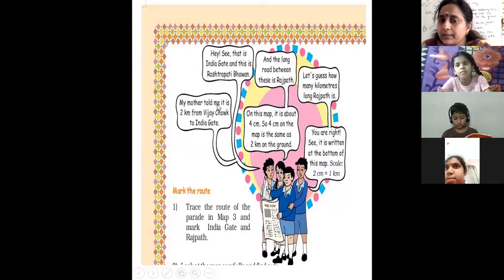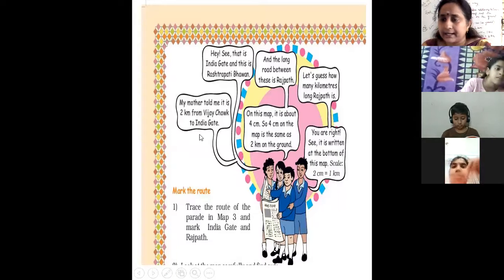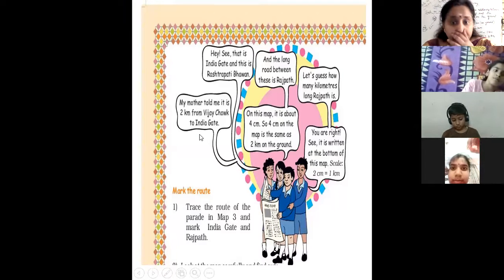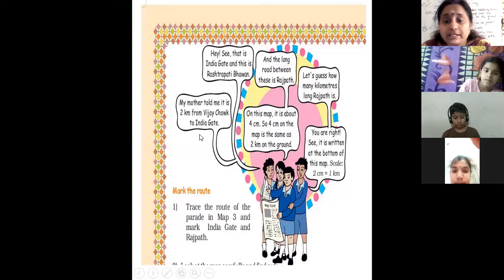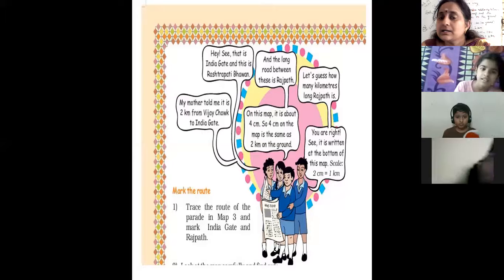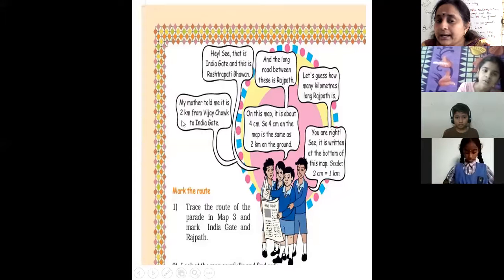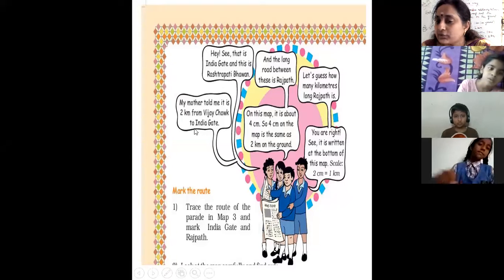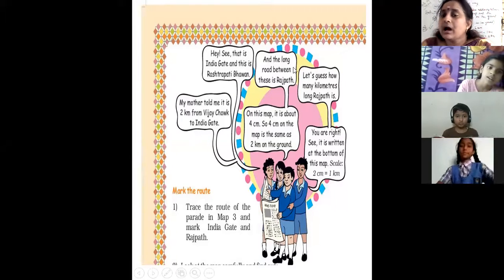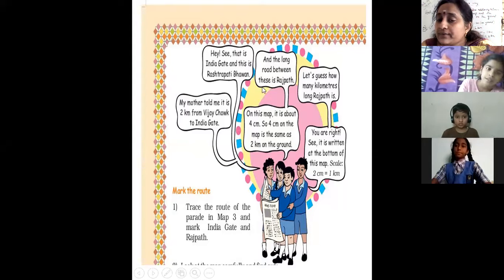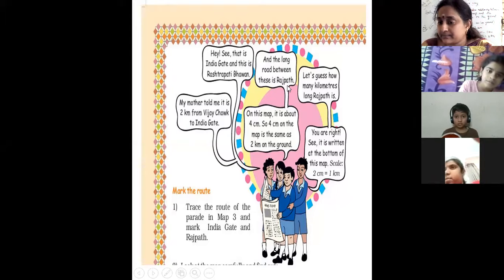My mother told me it is 2 kilometers from Vijay Chowk to India Gate. 2 kilometers means how many centimeters? 4 centimeters. Yes. And the long road between these is Rajpath.